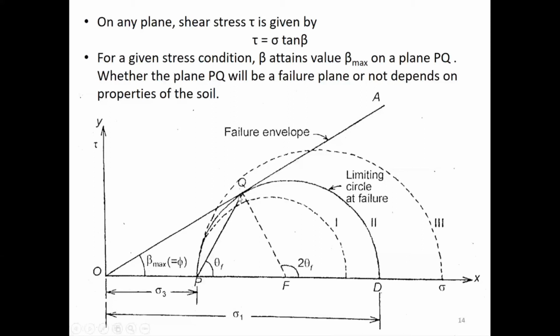I find out the coordinates of the point Q. From that point Q, I'll draw a line to point P. Now, if I find out the angle that line QP is making with the major principal plane, what will that angle represent? Theta F. That angle will represent the inclination of the plane with the major principal axis on which the system of stresses sigma and tau are acting. Correct?